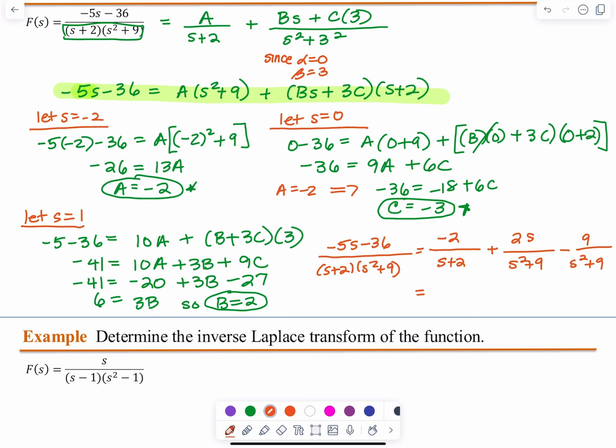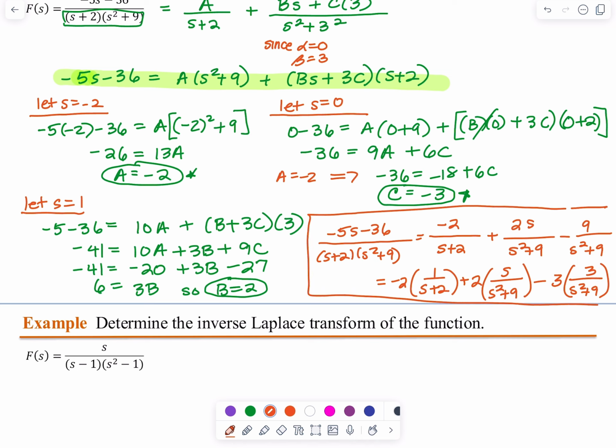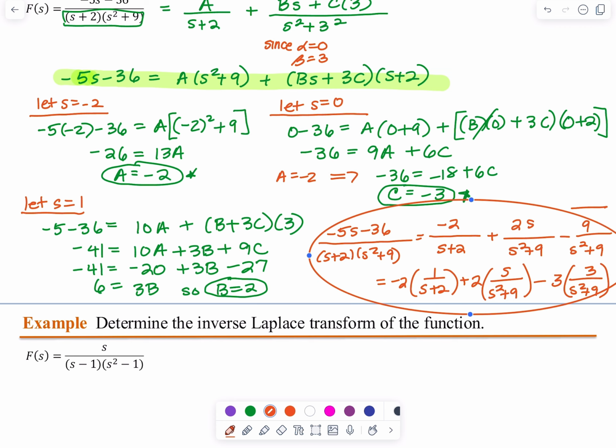So we would have a negative 2 multiplied by a 1 over s plus 2, plus 2 divided by s squared plus 9, minus 3 divided by 3 over s squared plus 9, keeping that same format that we had when we started. Whoops, wow.